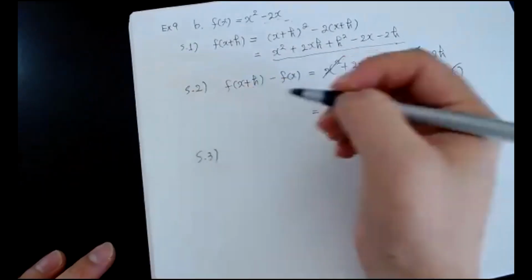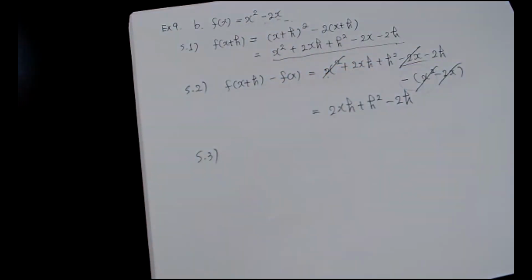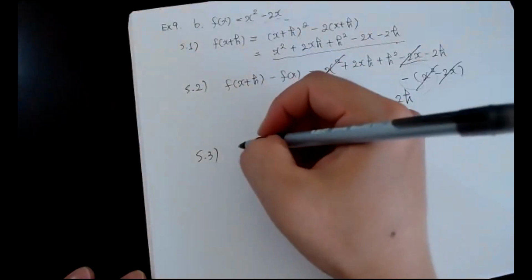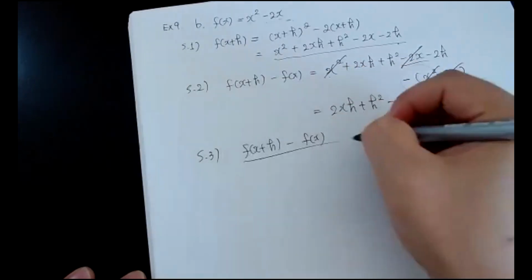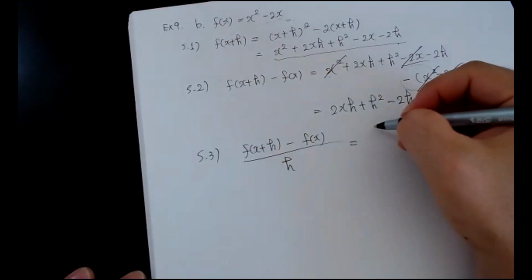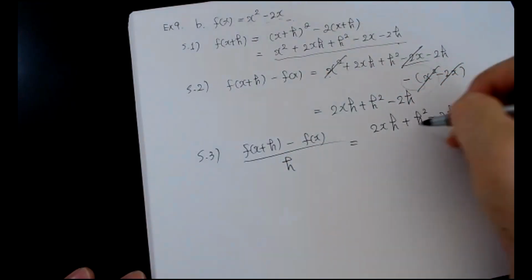And step 3, now we divide this by h, following the difference quotient formula. So f of x plus h minus f of x divided by h is 2xh plus h squared minus 2h divided by h.